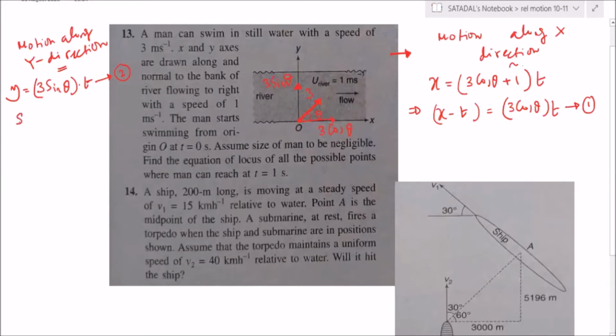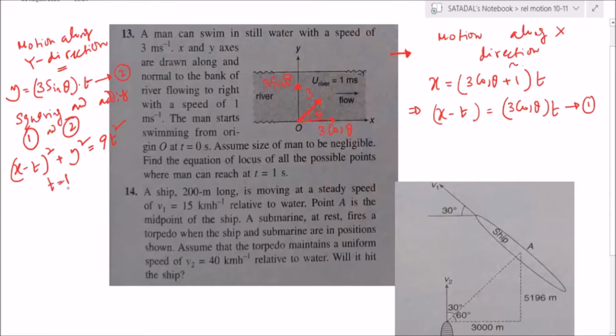So squaring and adding 1 and 2, we get (x minus t) whole square plus y square is equal to 9t square.